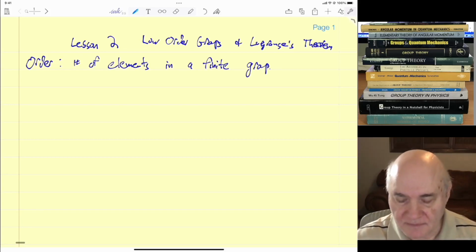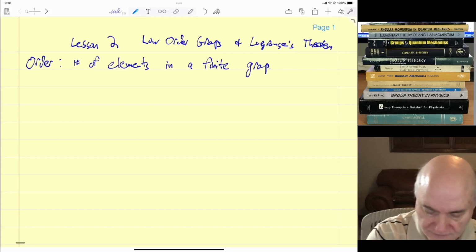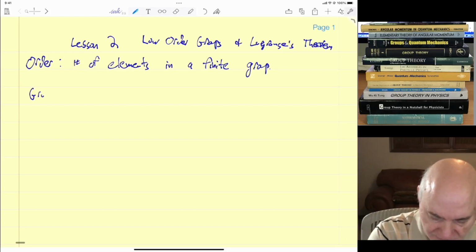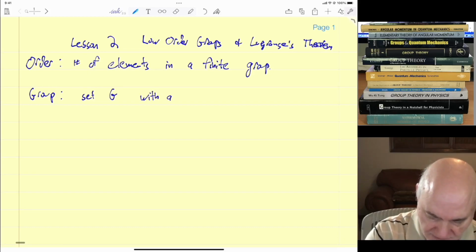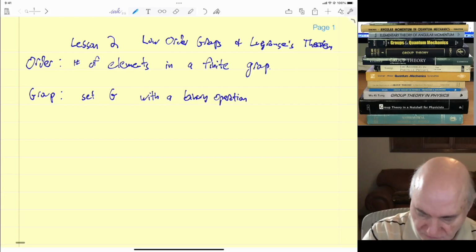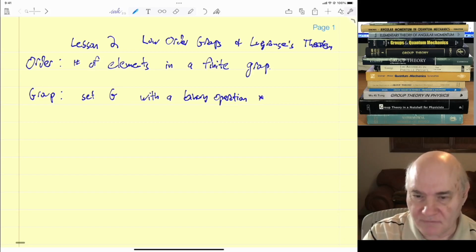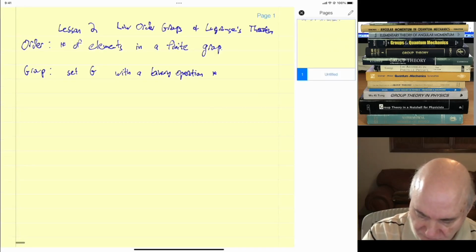And let's just quickly review the definition of a group that I gave at the end of lesson 1. A group is a set G with a binary operation. Usually we don't show the binary operation, so I'll use star for it right here, but I'll stop using it right away.